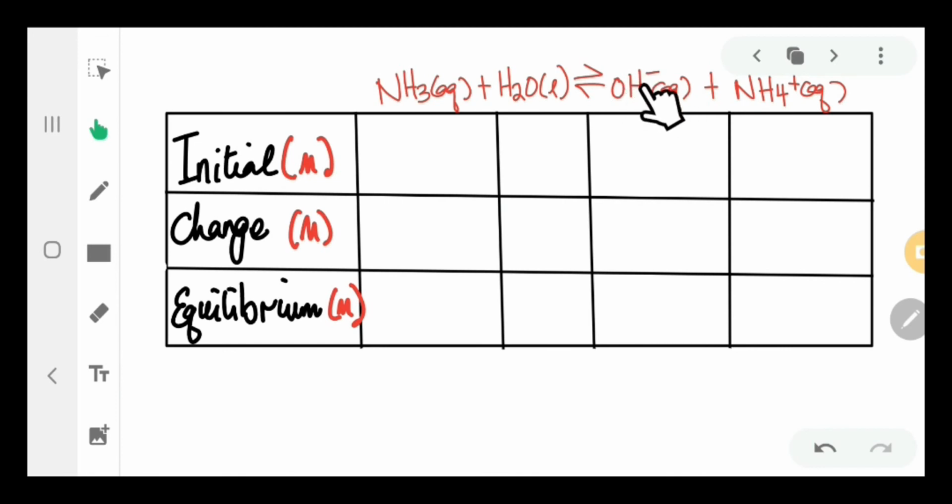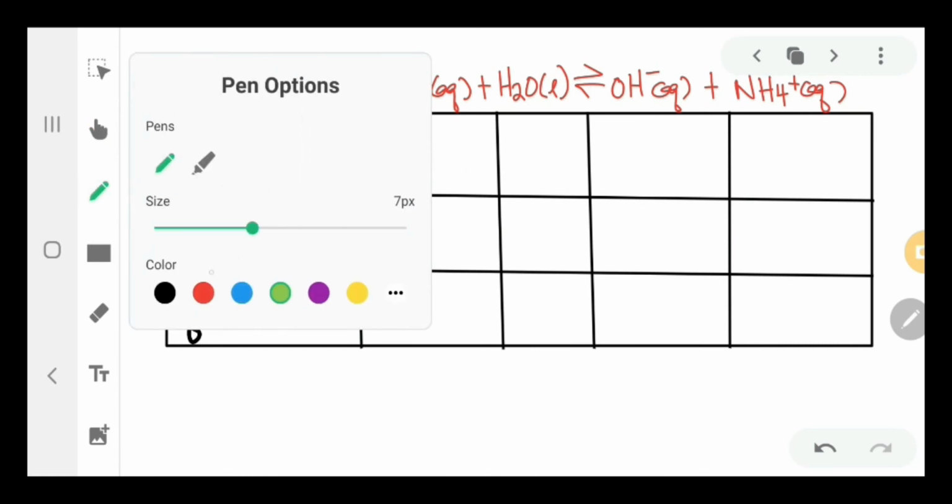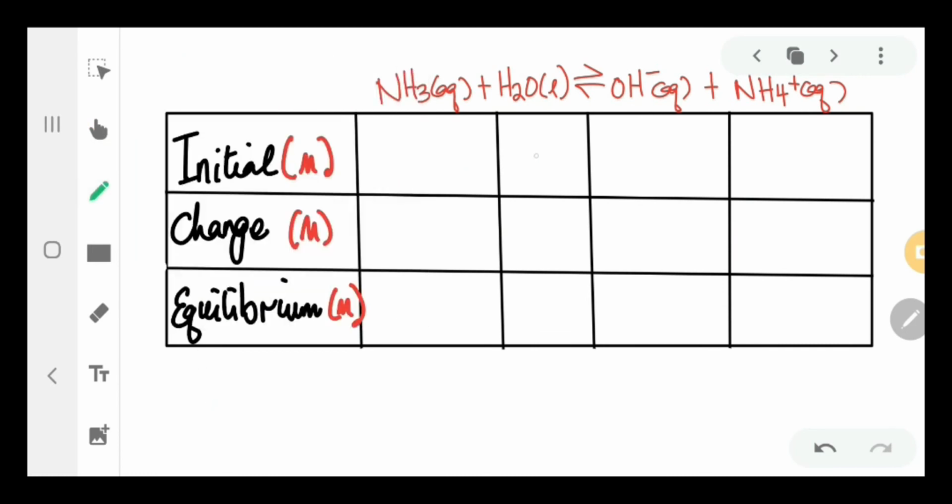This OH minus comes from the H2O liquid that lost one of its protons, and the proton is given to NH3, becoming NH4 plus. As usual, pure liquid is not going to be part of the ICE, and also not part of the Kb.